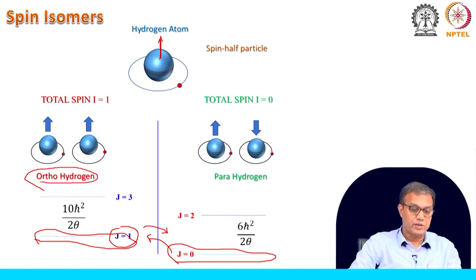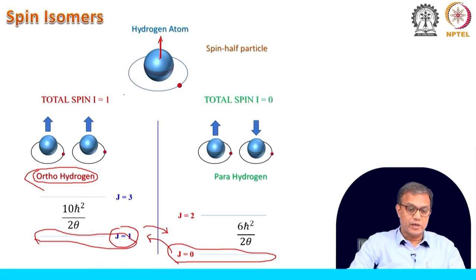You will see that orthohydrogen at room temperature, if we bring it to low temperature, will be mostly parahydrogen. So, orthohydrogen and parahydrogen coexist at room temperature with a particular ratio.